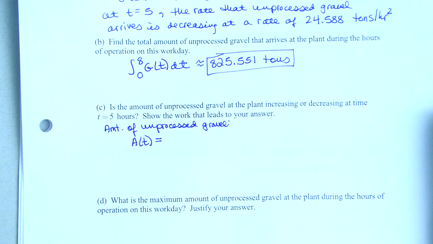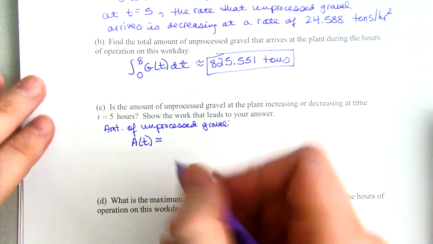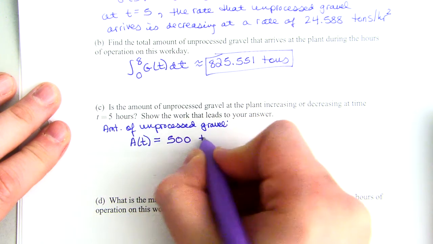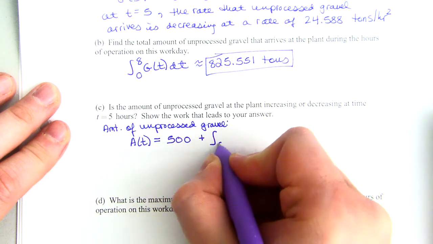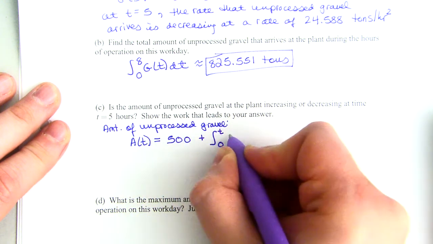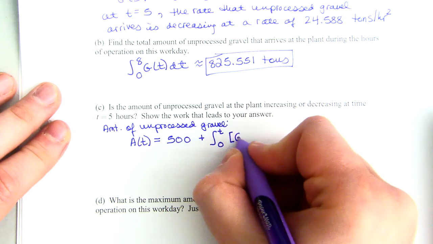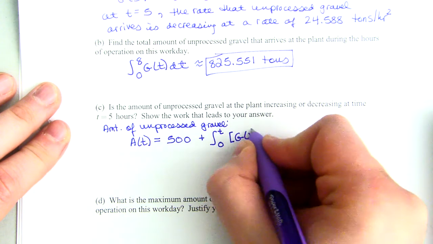To do this, I'm going to take the amount I'm starting with, add the amount of gravel that's arrived, and subtract the amount of gravel that's been processed. Start with 500. To that, I'm going to add the integral from 0 to t of the rate that gravel is arriving at this plant unprocessed, say g of x.